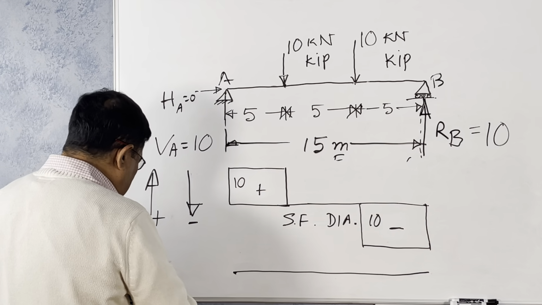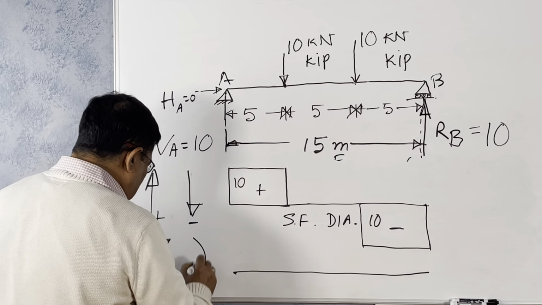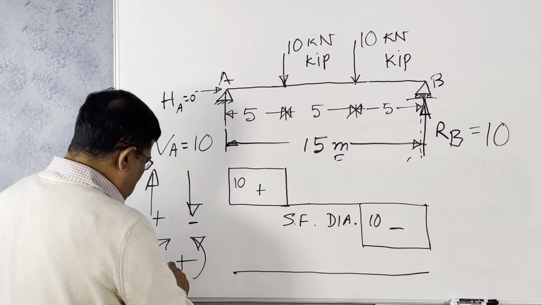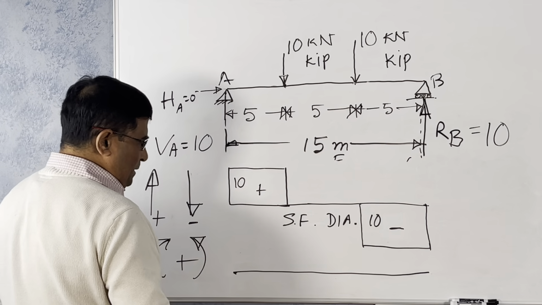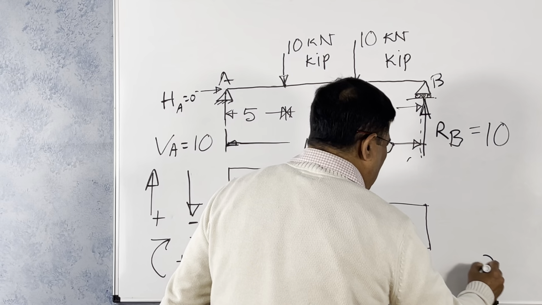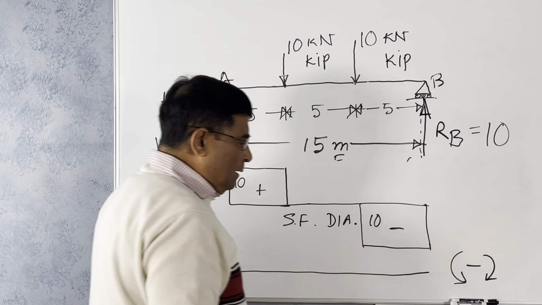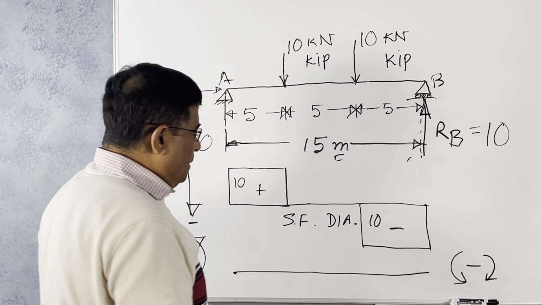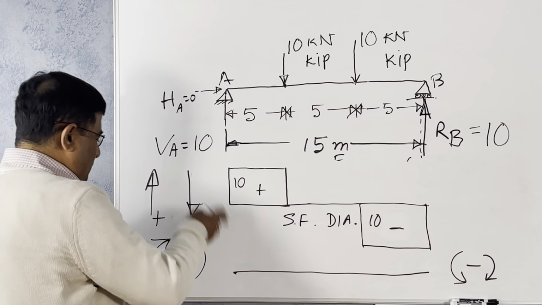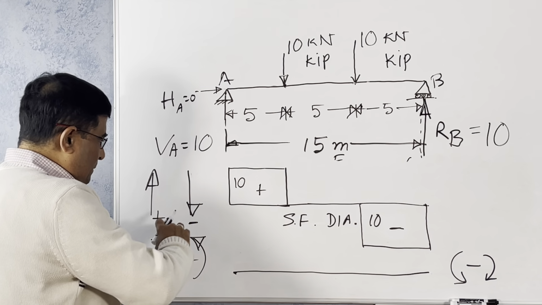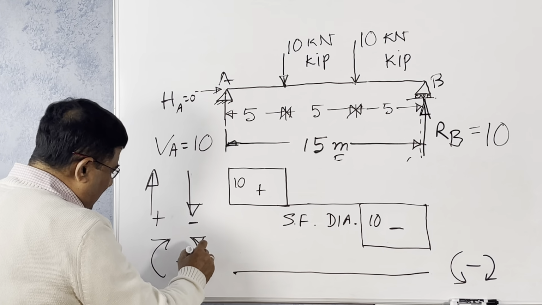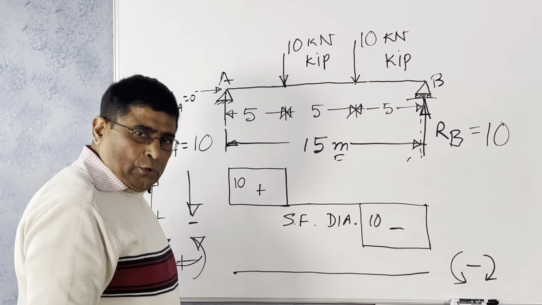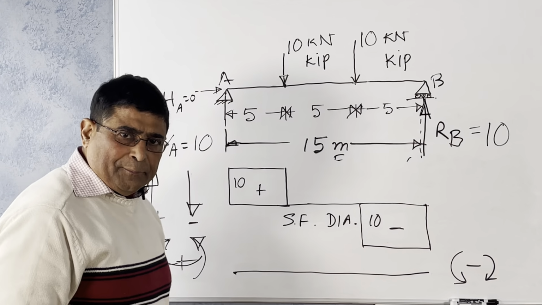Our convention is, clockwise is positive; anti-clockwise on the right-hand side is negative, or left-hand side is negative. If it bends like a cup, it is positive. This whole thing will bend like a cup, so all this moment will be positive.